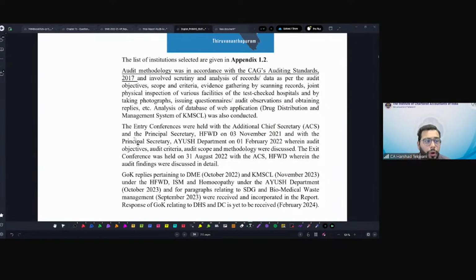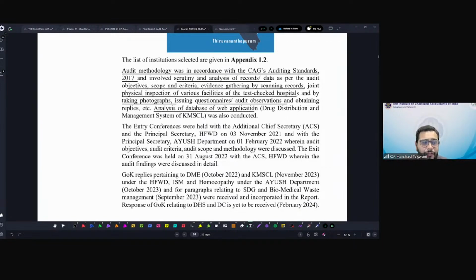So once they decide what they are going to audit, then they decide what analysis or scrutiny of data they will be doing. What will be the objective, scope, and criteria? What evidence will they gather by scanning the records, by physical inspection, by test check of hospitals, by taking photographs, collecting evidence, questionnaires, audit observations, and everything.